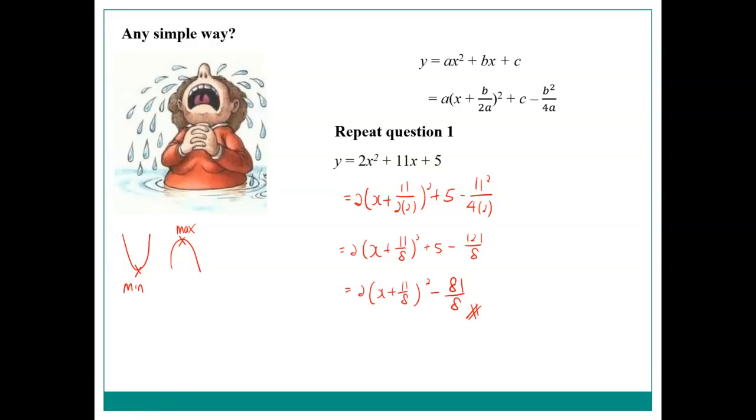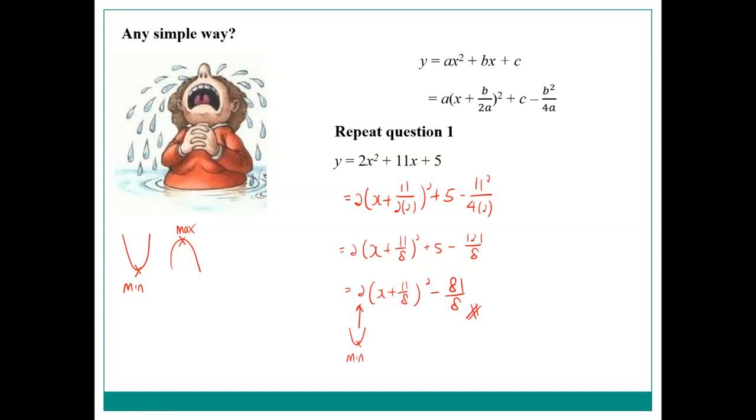So first of all, how to determine the stationary point? You must look at the leading coefficient. If the leading coefficient is positive, in this case the leading coefficient is 2, which is positive, then the shape is a U shape, a happy shape. A happy shape has a minimum point.